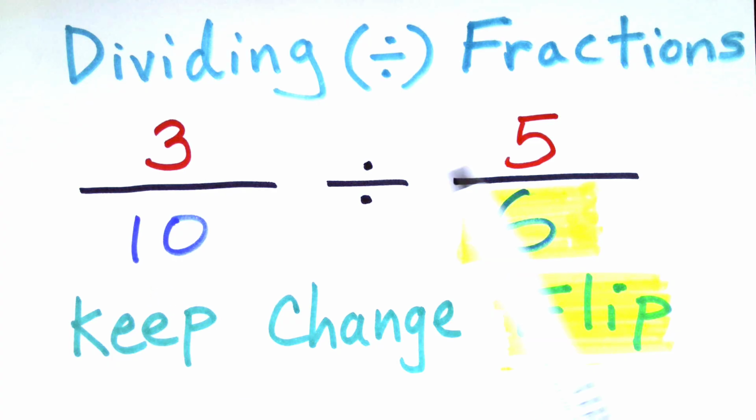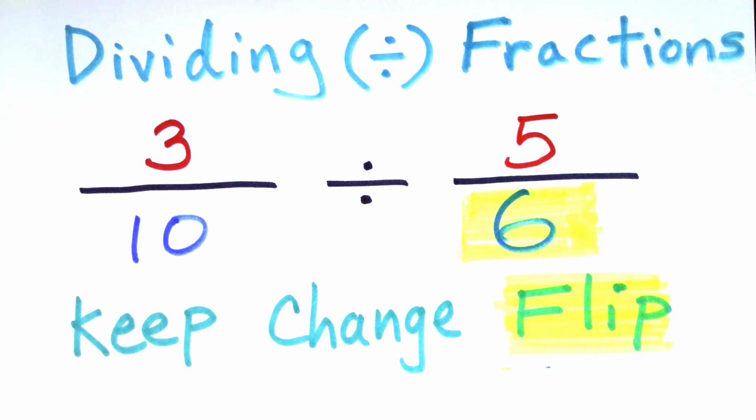Now, let me ask you a question. Can you cross reduce here? No, you cannot cross reduce. You can't. You have to wait until division is changed to multiplication. After that, yes, you can cross cancel, cross reduce, but not when you're dividing the fraction. You have to wait till you're multiplying fractions in order to cross cancel or cross reduce, right?